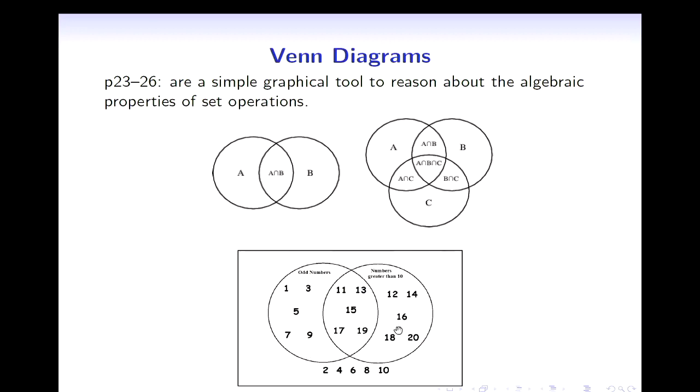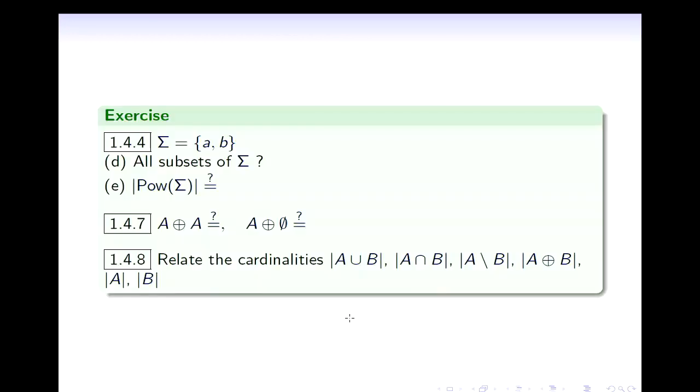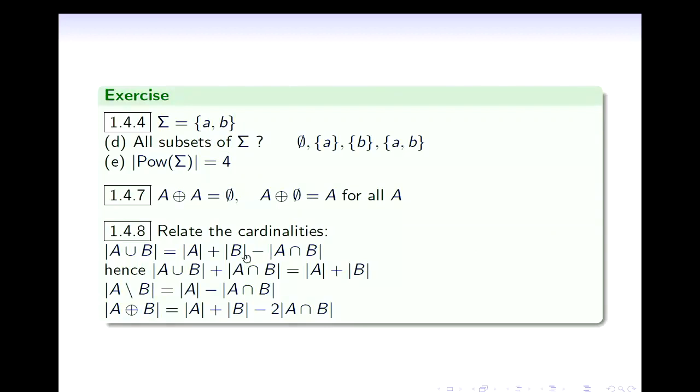If you only want these numbers and you only want to have these numbers, then when you add up the size here and the size here, you would have counted this twice, and you don't want to have these numbers at all, so you have to subtract them twice. Last comment, if you look at this equation, then you can see that if you take the union of two sets and you add the size of the intersection, then this is exactly the sum of the sizes of these two individual sets.